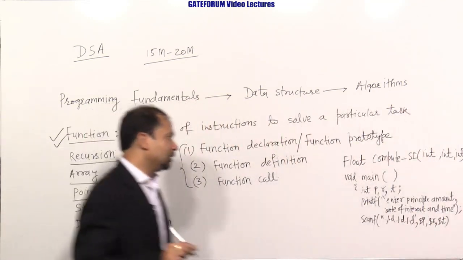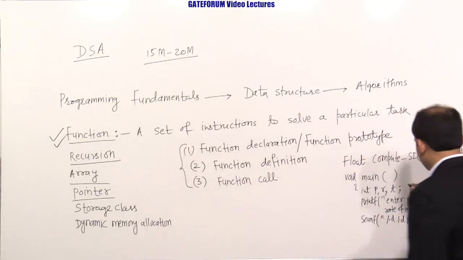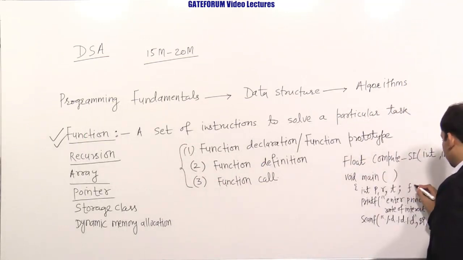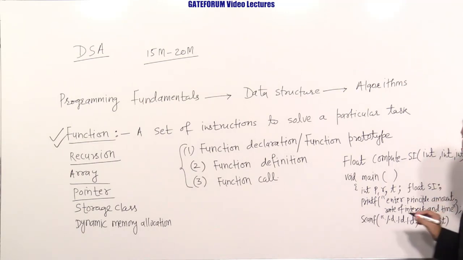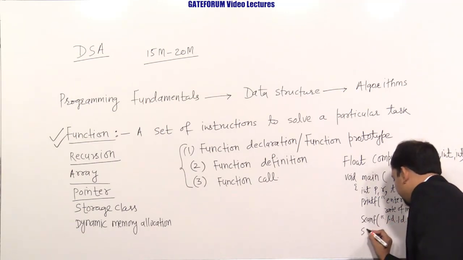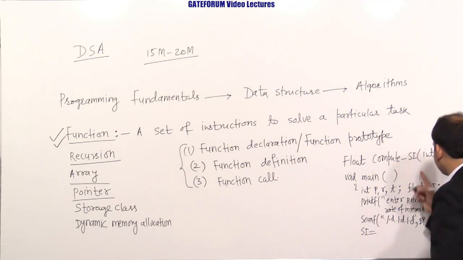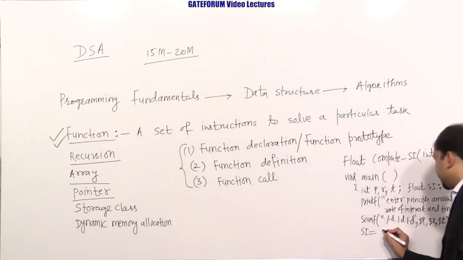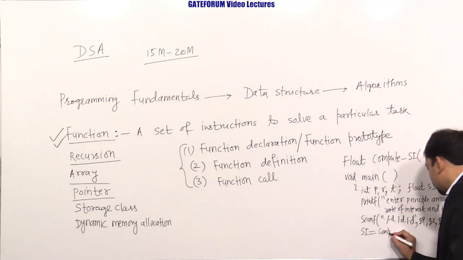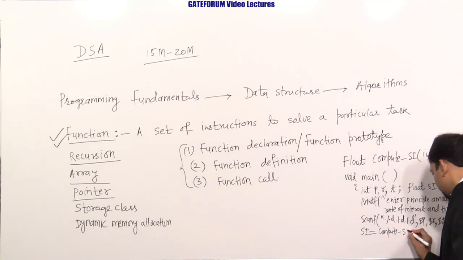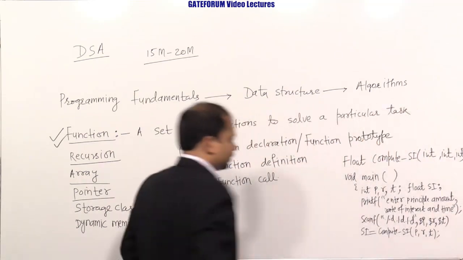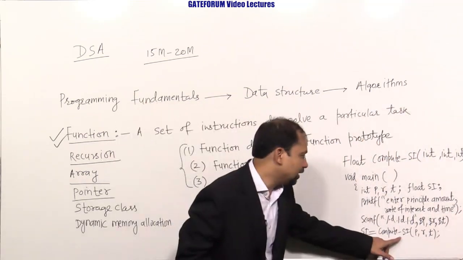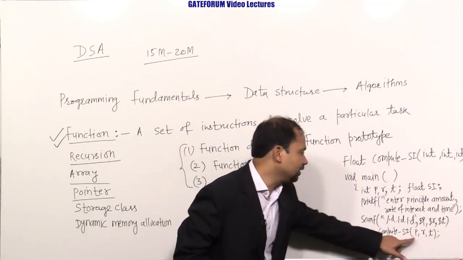Now we also know the return type of this function is float. So float si, simple interest, is the value, and we call si equal to this function, compute_si(p, r, t). Compute_si is the name of the function.